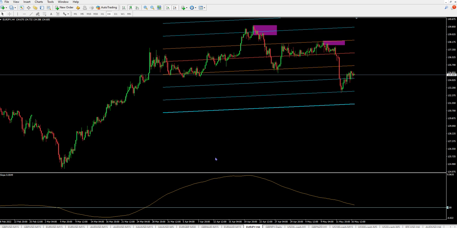Now, this slope indicator on the bottom is another great confluence to have. You see the zero line is marked out. So anything above zero, we can use as extra confluence for overbought areas, and below it for oversold.